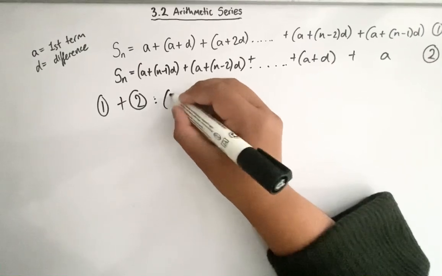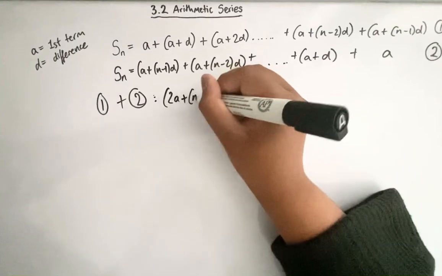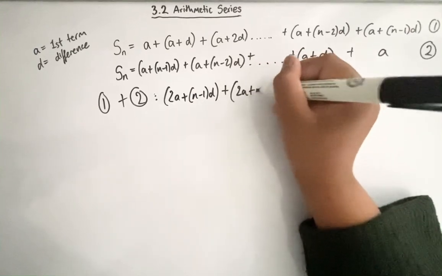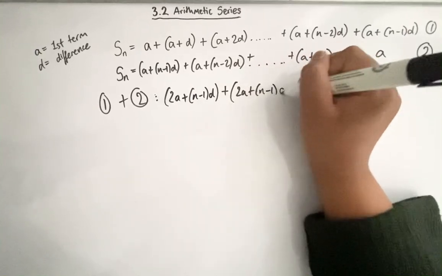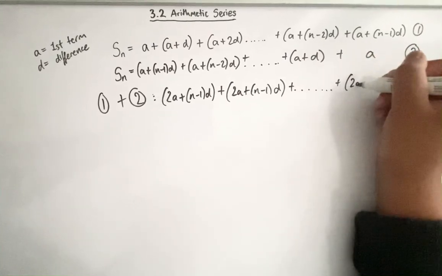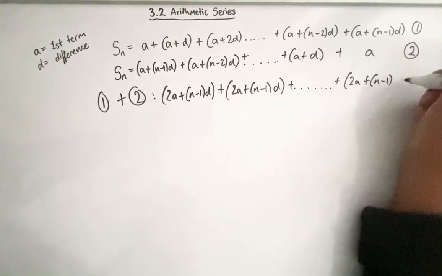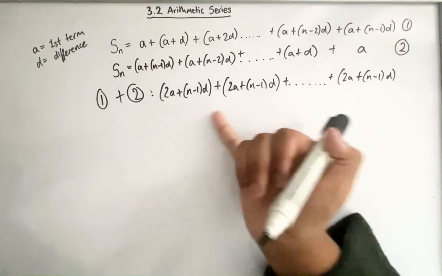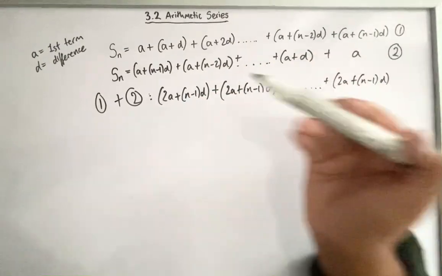We get 2a plus (n minus 1)d, and it keeps going until again we get 2a plus (n minus 1)d. And so this is happening n times. You're adding it n times for the n terms in the sequence.